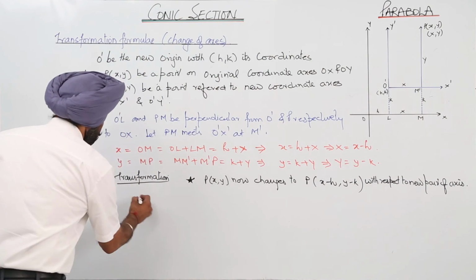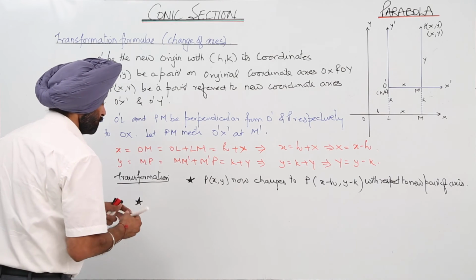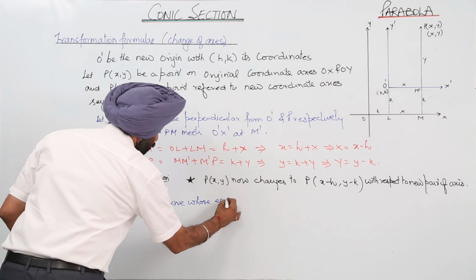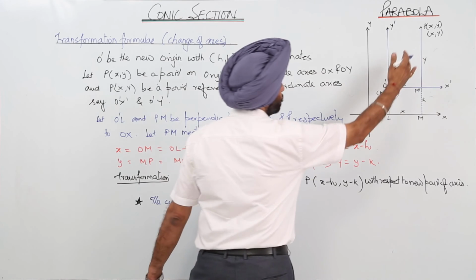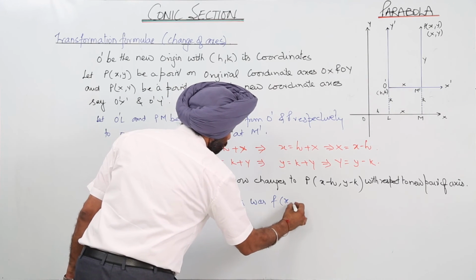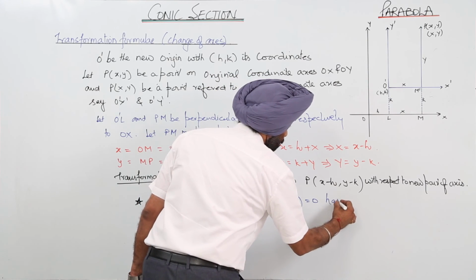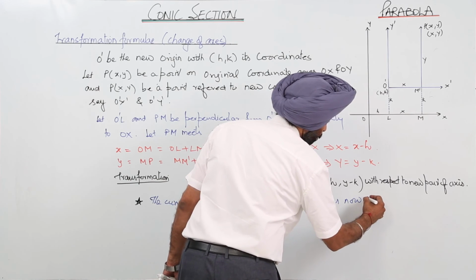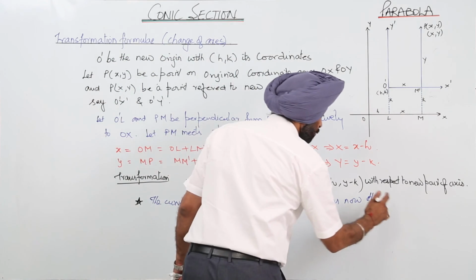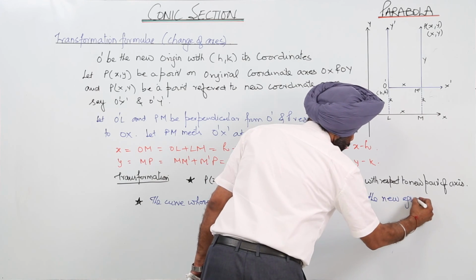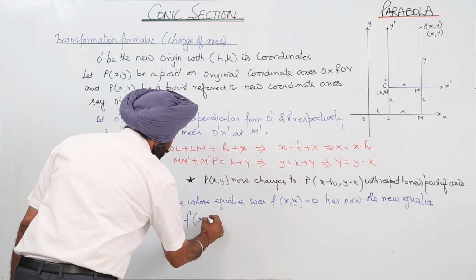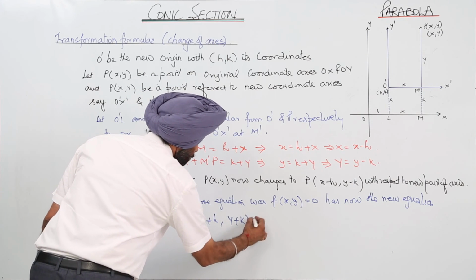Second thing: the curve whose equation was f x comma y is equal to 0 has now changed to the new equation f x plus h comma y plus k is equal to 0.